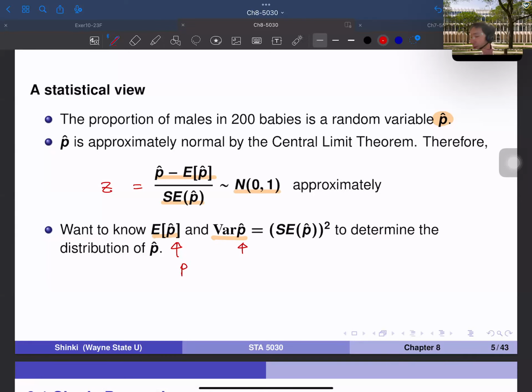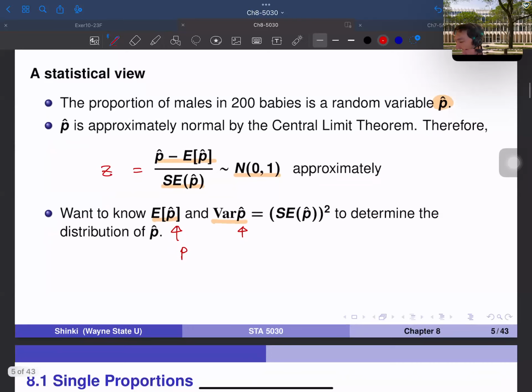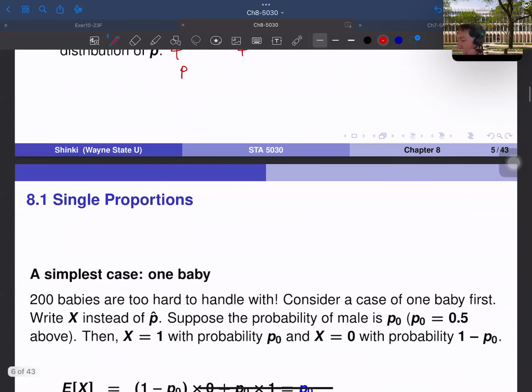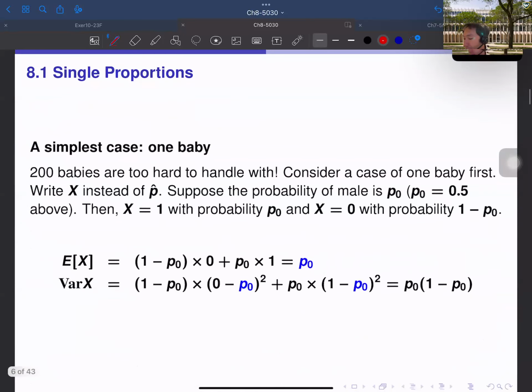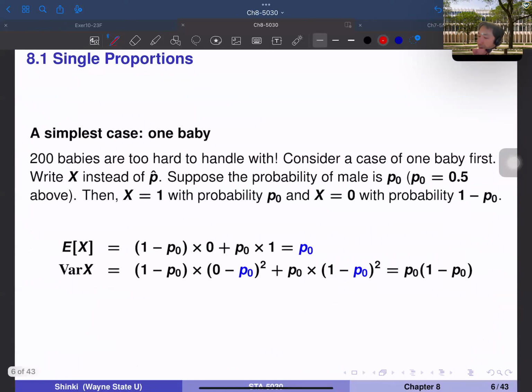What is variance of p hat? I think earlier courses discuss that, but yeah, we just review that. So suppose the true probability of male is p naught, because we want to emphasize that is the true value.